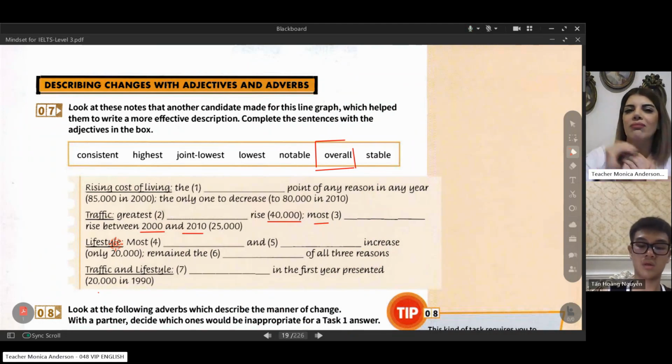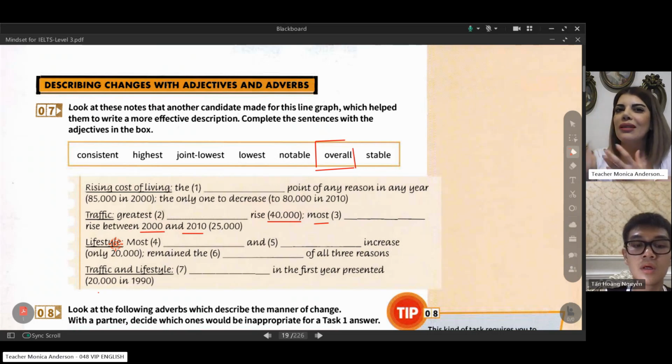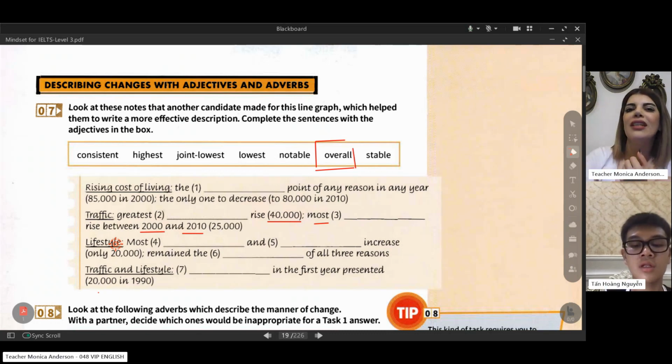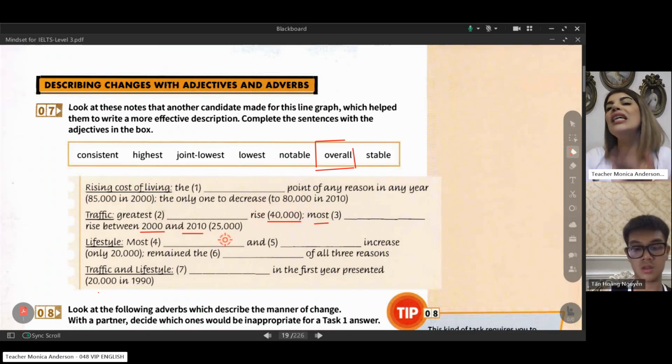Most maybe considerable, something that you need to pay attention to. So not notable. Notable, very good. Most notable, 25,000, because the whole and overall rise is 40,000. So most notable, 25,000 between 2000 and 2010.